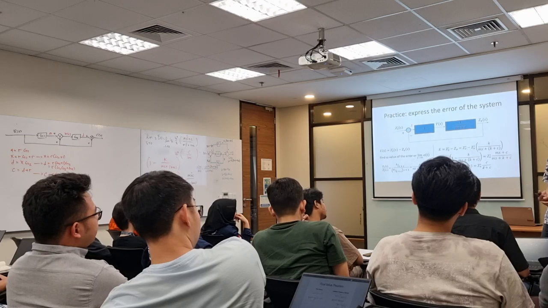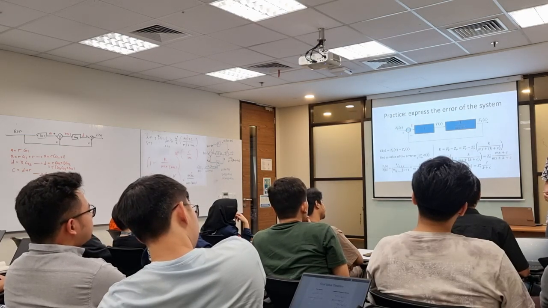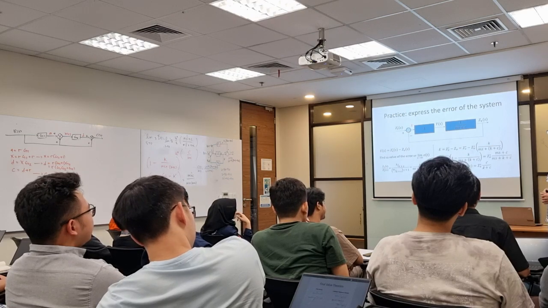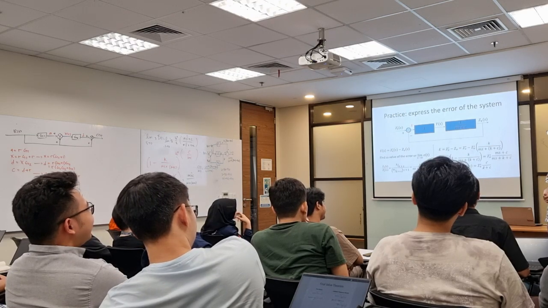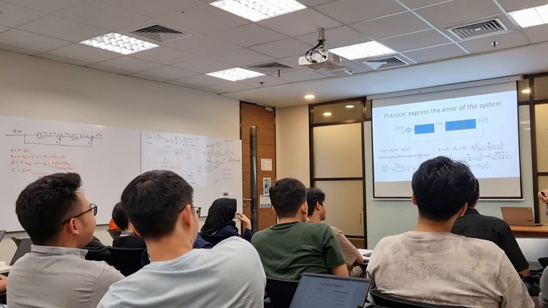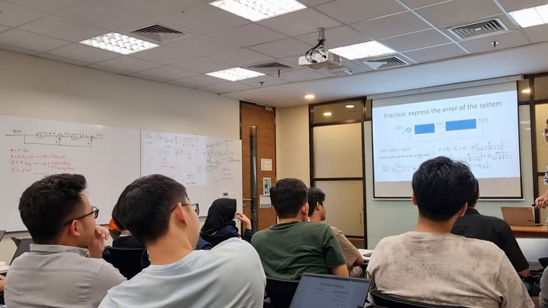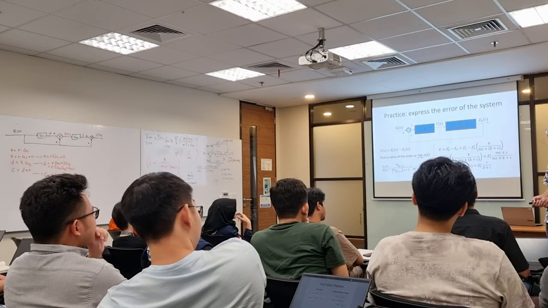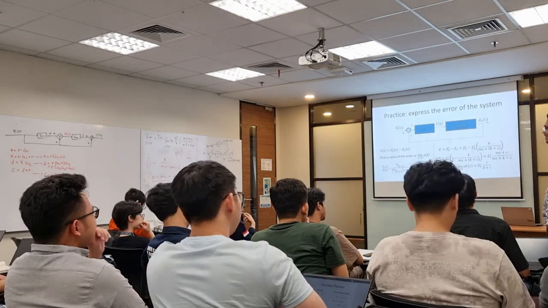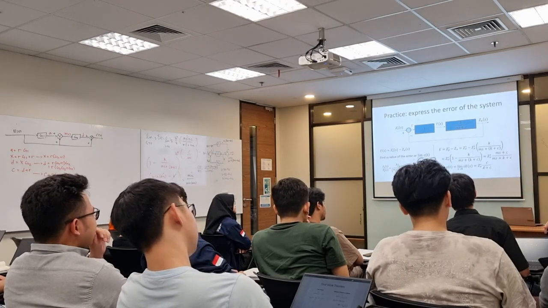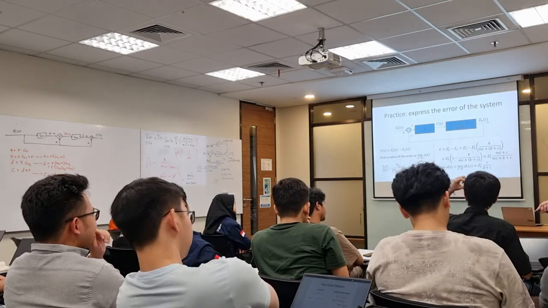You increase the K, you can reduce the error. If you want the error to be zero, make K equal to negative C. No, then it becomes infinite. Increase K to infinity, which we cannot do. Okay, so that's the limitation.